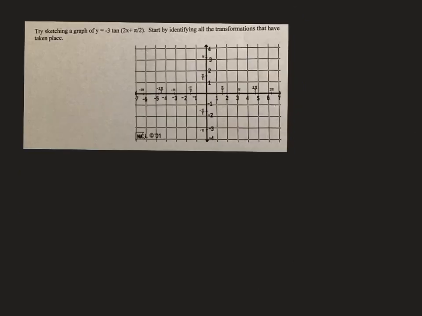All right, guys, if you're feeling comfortable with graphing tangents, take a second, pause this video, and give it a shot on this one. Try it out, and then check if you get the same answer that I do, okay? Now, one word of warning to the wise, this one is unfactored, okay? So we should start out by just rewriting this as -3 tangent (2x plus π/4), all right?